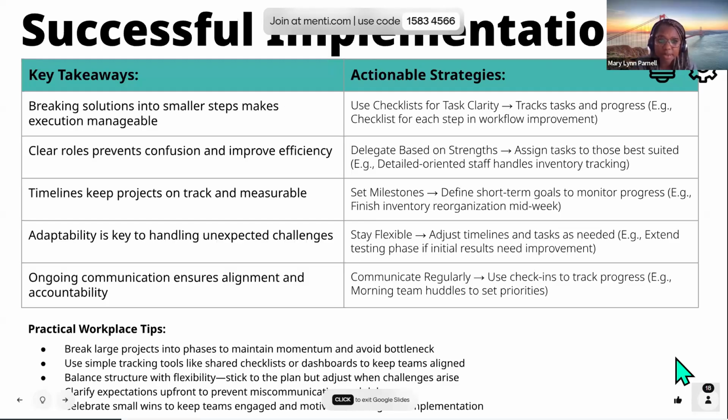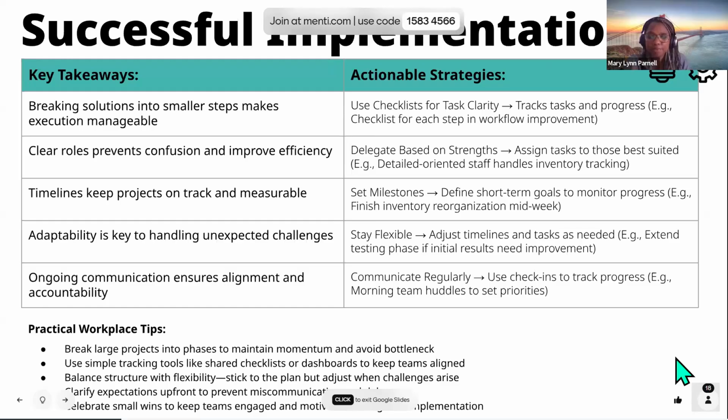Adaptability is key to handling unexpected changes. It's really important in process in general to stay flexible, adjusting timelines and tasks as needed. With all our hopes and all of our great intentions, if we end up doing a plan that doesn't seem to really hit the cause, we need to be flexible to go back and rework it.